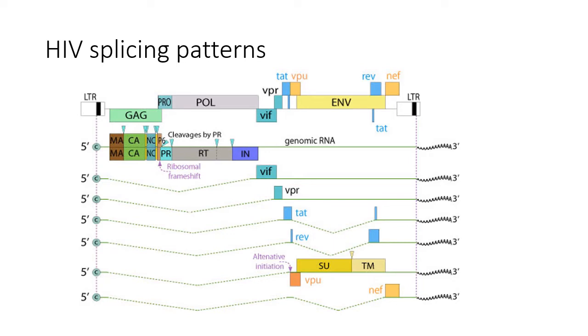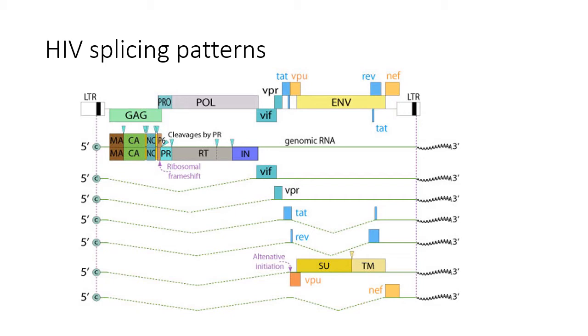Okay, so what happens is the full-length virus particle will end up, some of it at least, being part of the new virions that are going to be produced by an infected cell. So that will be a full-length RNA, which can be used for virions, but some of it is also used for translation of proteins.